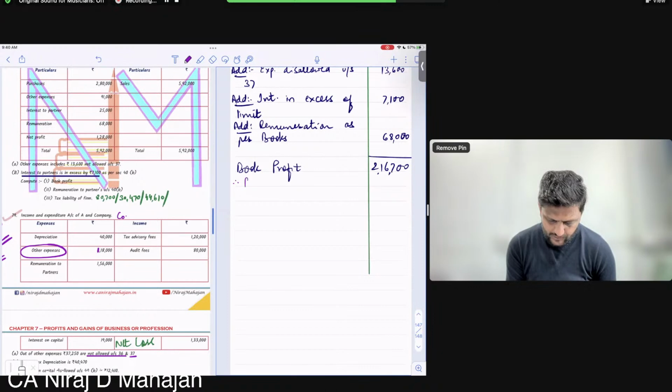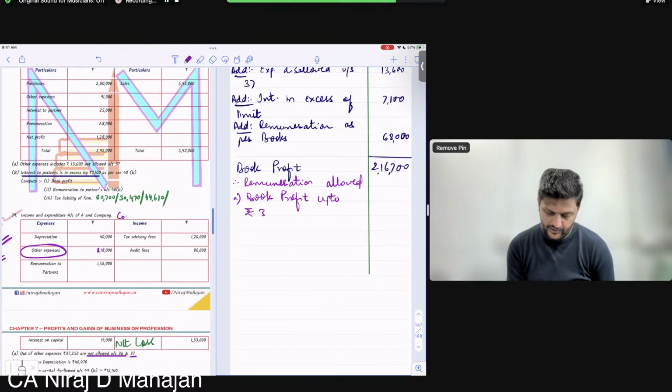Therefore allowable remuneration is A. Book profit up to rupees 3 lakhs. So higher or lower? Higher of 1,50,000 and 90% of 2,16,700.